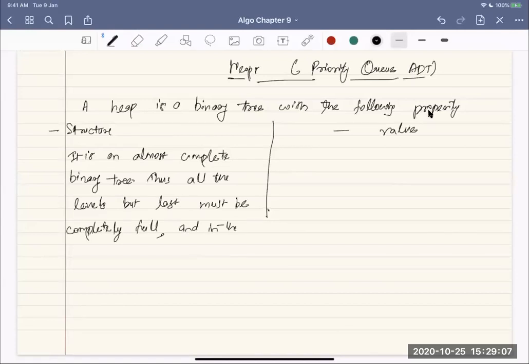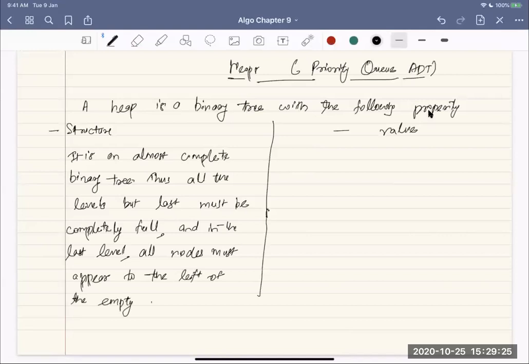In the last level, all nodes must appear to the left of the empty positions. So there cannot be an empty position in between. Suppose level 0 is full, level 1 is full, but at level 2 you have only one node, this is fine.